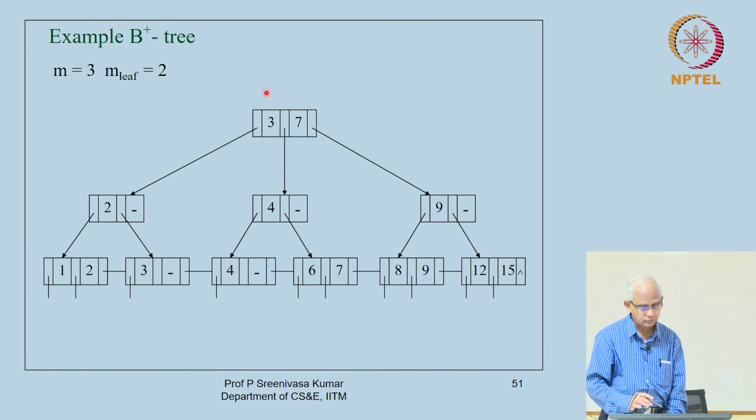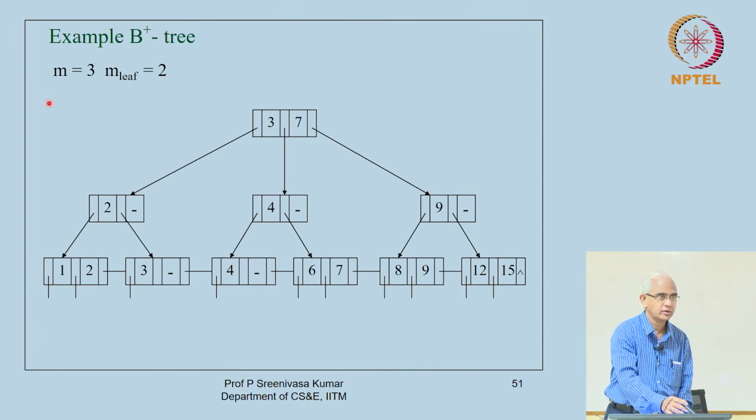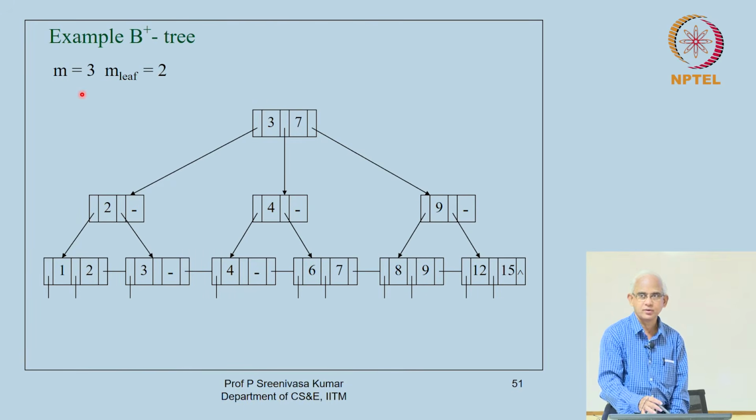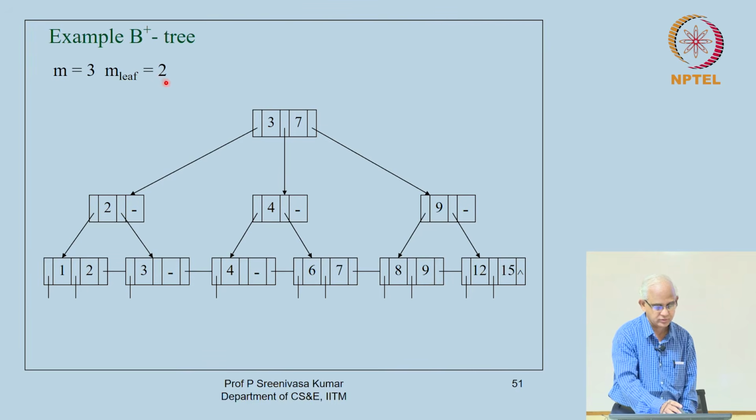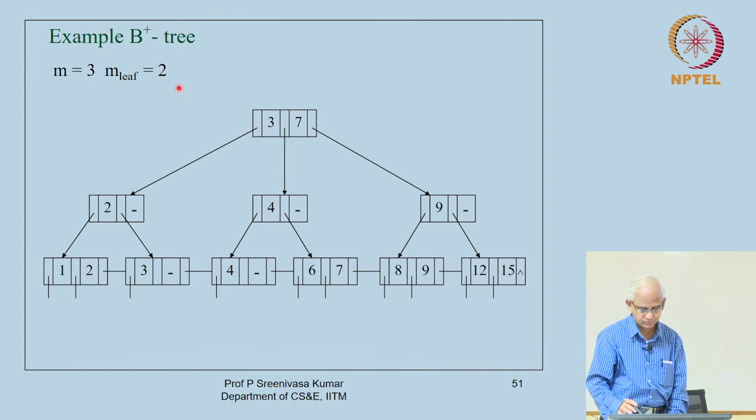Okay. So, here is an example B+Tree structure. I have taken some ridiculously low numbers to illustrate the points, bear with me for that, because in practice they will be huge.